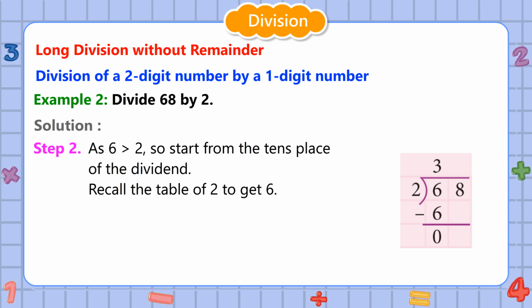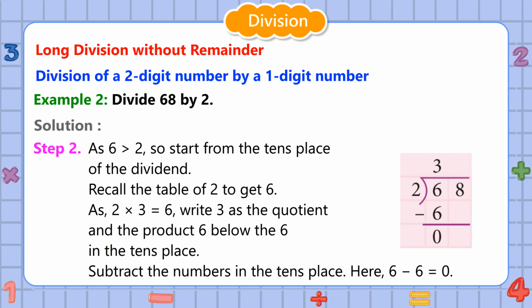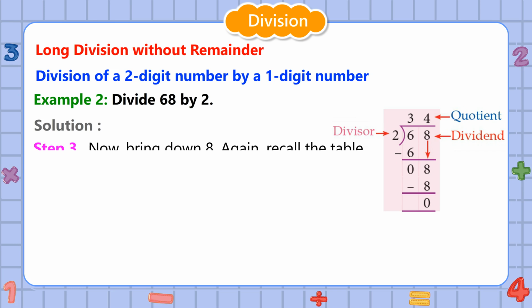Recall the table of 2 to get 6. As 2 × 3 = 6, write 3 as the quotient and the product 6 below the 6 in the tens place. Subtract the numbers in the tens place. Here, 6 - 6 = 0.